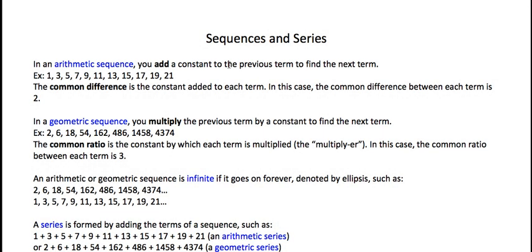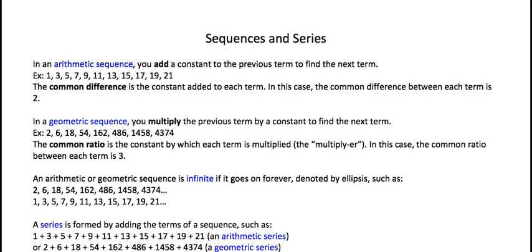Before we begin finding the area of the Koch snowflake, we have to understand a couple of things first that we're actually going to use when finding the area. So in an arithmetic sequence, you start with the first term, and you add a constant number to each term.